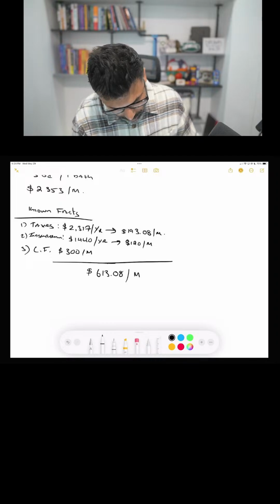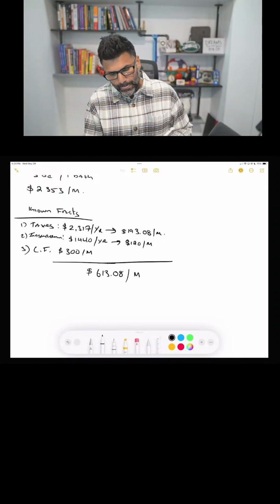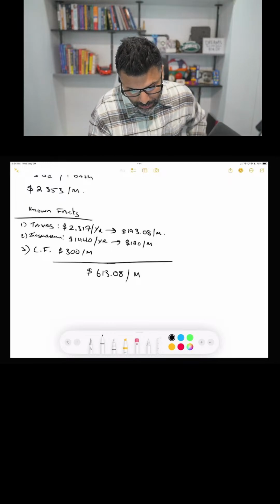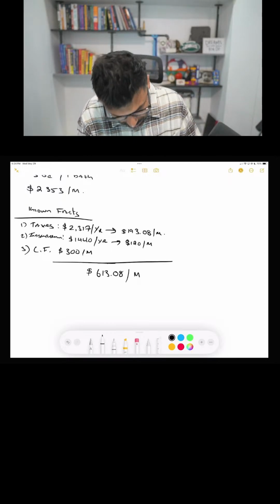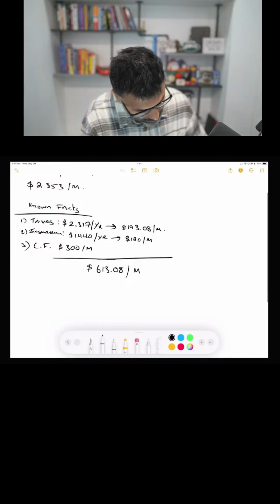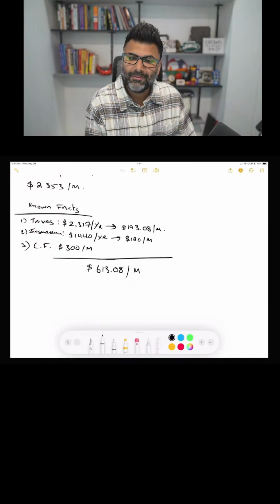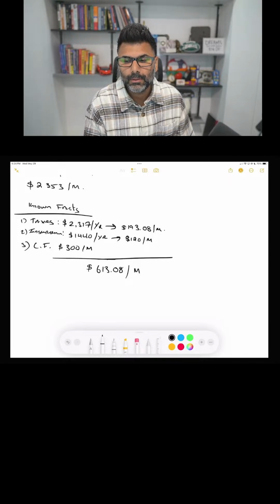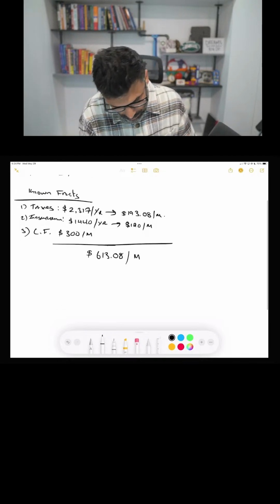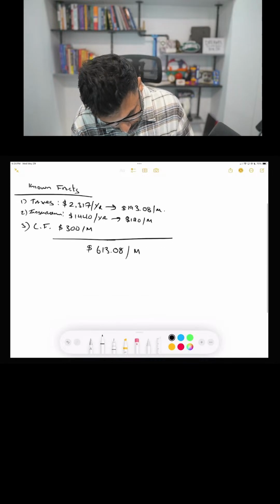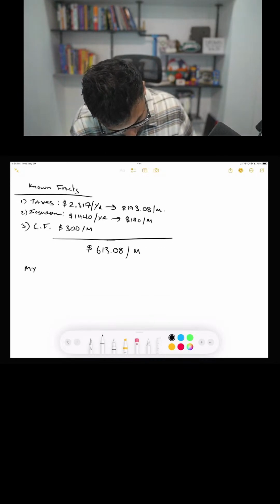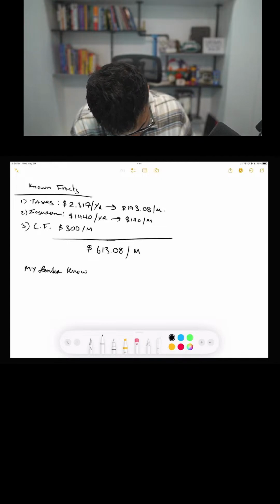Now we know that we can collect a monthly rent of $2,353. So let's see what that leaves us with. Because now what we haven't factored in is a loan, a mortgage. So before we do further calculation, here is what my lender gives me. So these are my lender known facts.